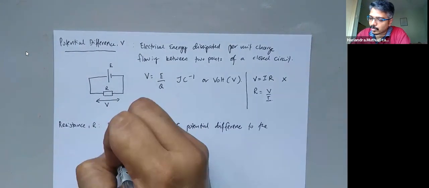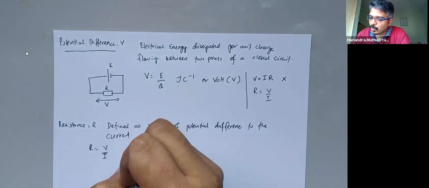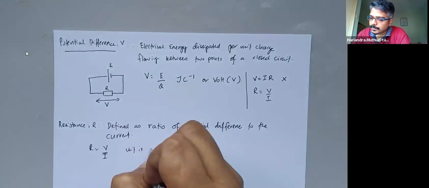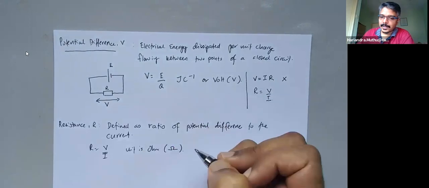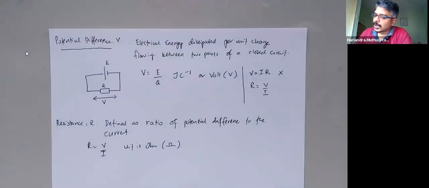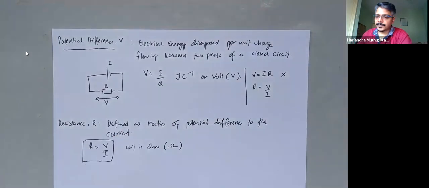So R equals V over I, and the unit is ohms. That is the defining equation for resistance.